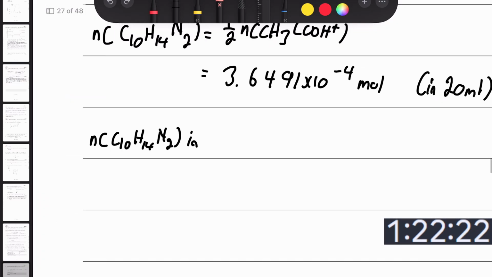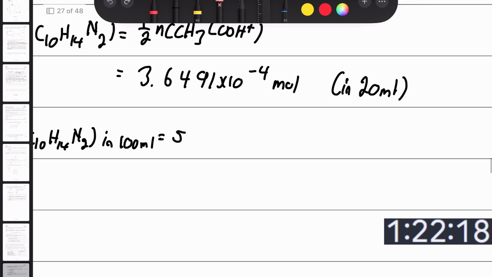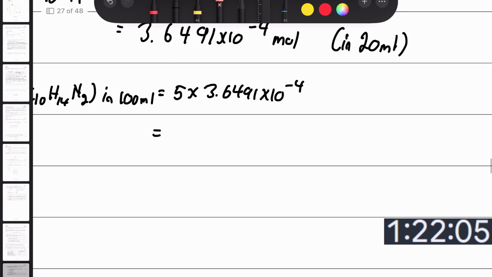So in 100 milliliters is equal to 5 times that. 5 times 3.6491 times 10 to the negative 4 is 1.8246 times 10 to the negative 3 moles.